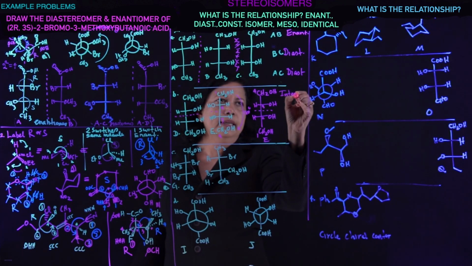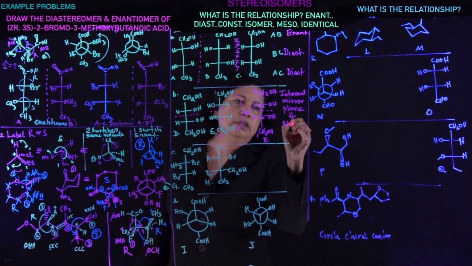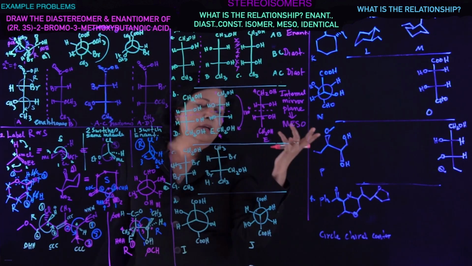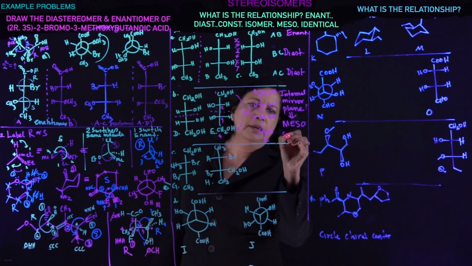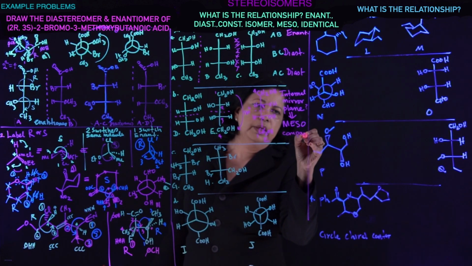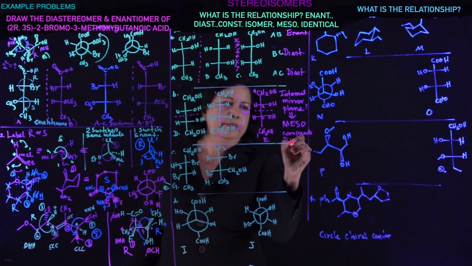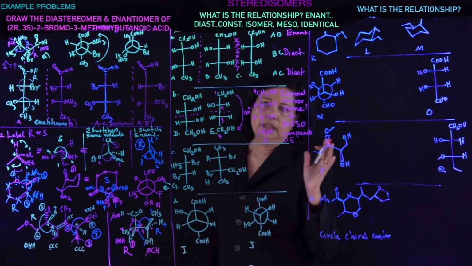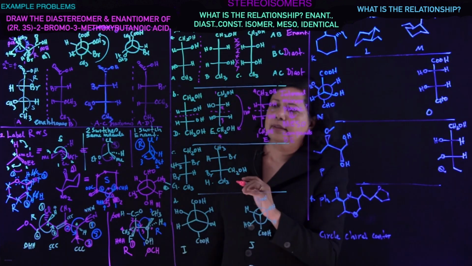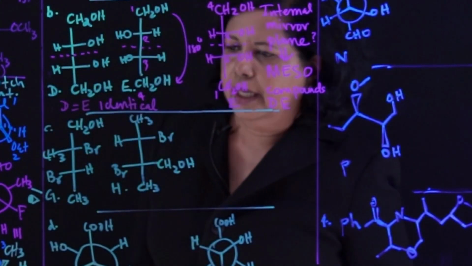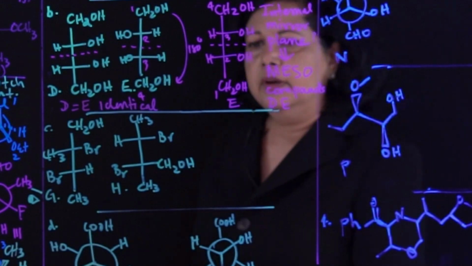Internal mirror plane. Meso. So these two are like meso compounds. So the molecule and its mirror image would be meso compounds. That would be D and E. Actually, in this case, it's identical. Let's keep moving on.